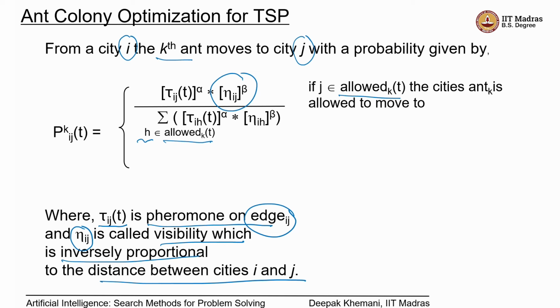So it can move to any one of the neighbors, but it will move to one of them with a probability which is proportional to this product of the amount of pheromone and visibility, which is how close it is essentially. So exactly like what we did earlier, which move to make is chosen probabilistically.